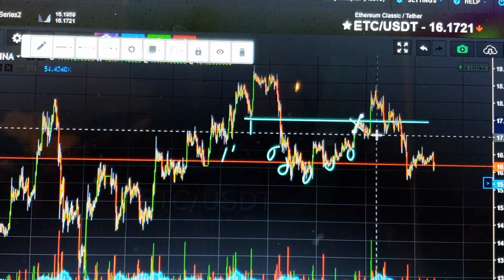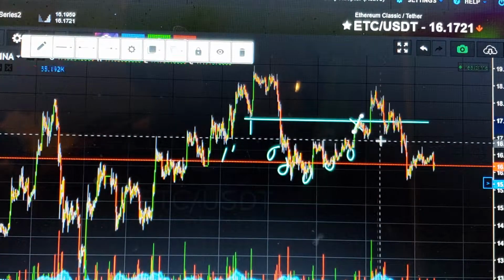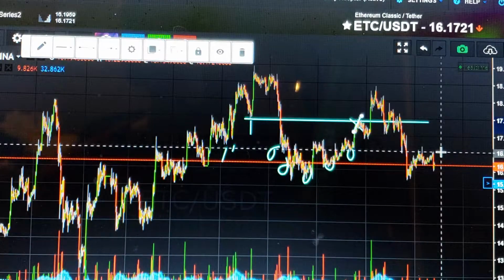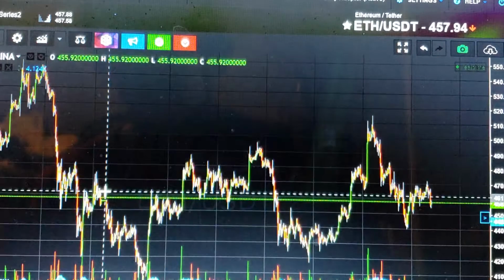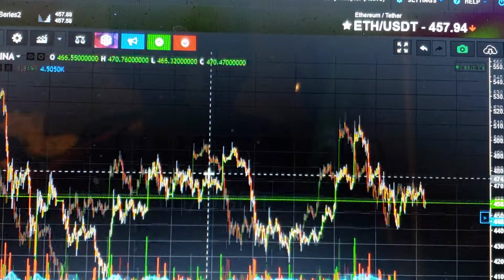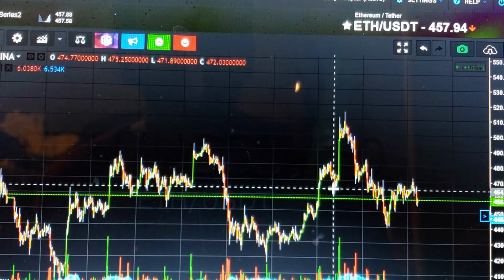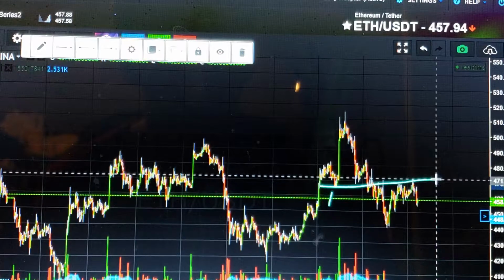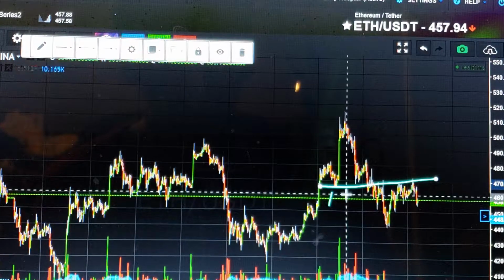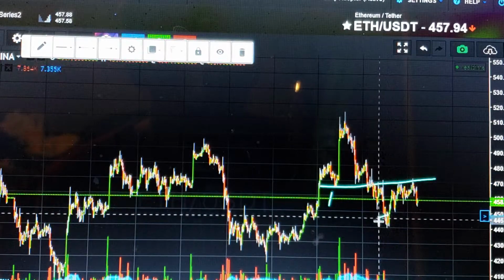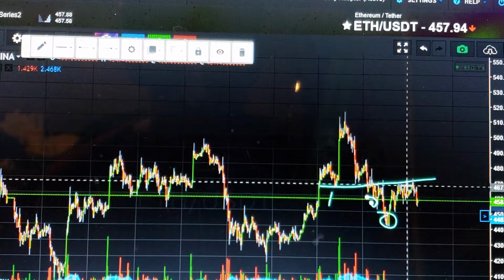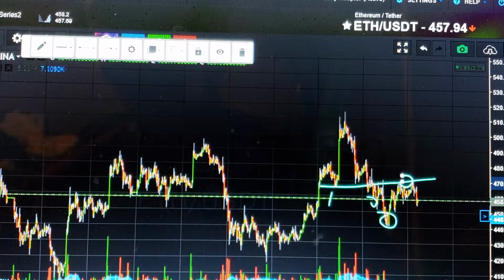Right? This came down, starting a little push. Push. Now it's kind of crooked, but whatever.